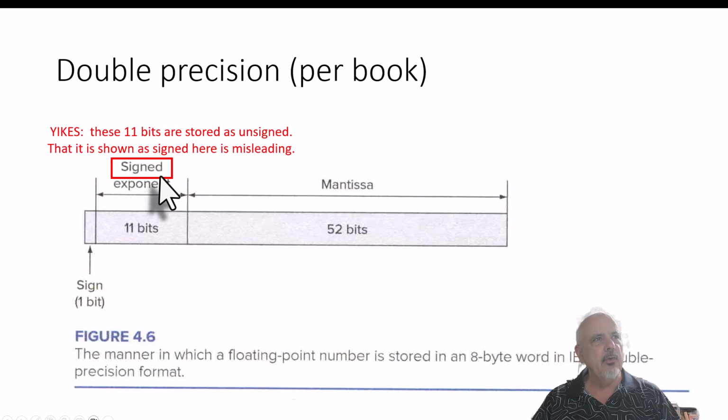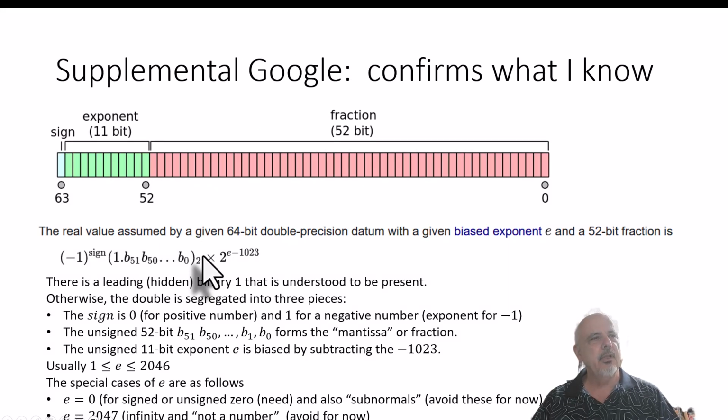I don't want to call this a signed exponent. I'll show you why in a minute, but I'm a little concerned about that. What I would like to do is bring in what I got from Google. So it confirms what I know. If you start at 0 and go up to 51, that's going to be your mantissa, or the fraction, you can think of it.